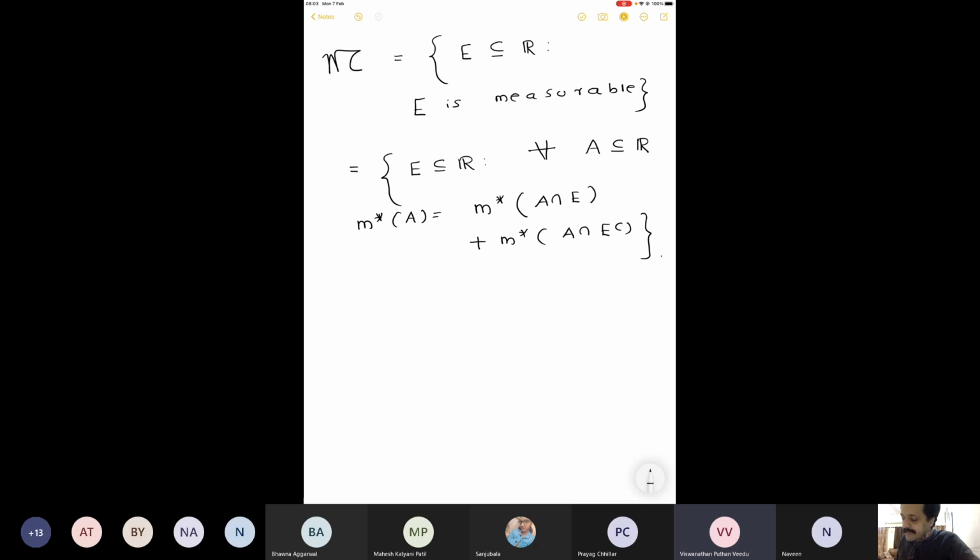And we observe that script M is a sigma algebra.